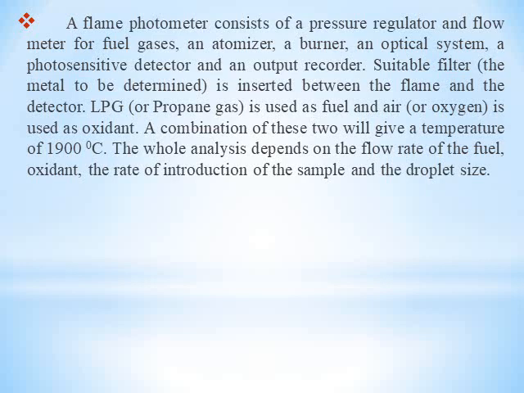The pressure regulator regulates the pressure, and a flow meter controls the fuel gases, which are sent to a nozzle flame. An atomizer introduces these metal atoms into the flame, and a burner converts the solution into vapor form. There is also an optical system to record the emitted intensity, and a photosensitive detector.